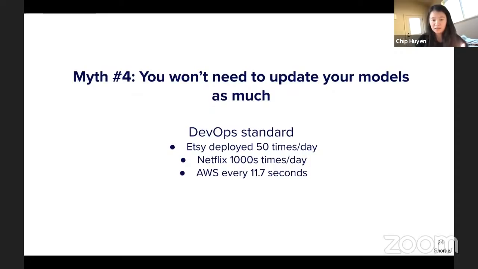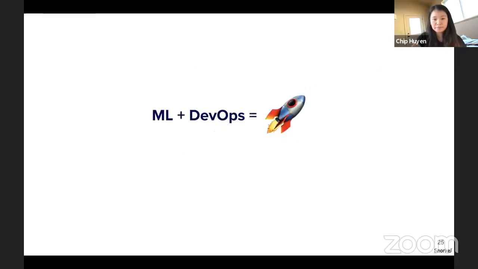And AWS does it every 11 seconds. I'm not saying that you have to retrain the model that often, but these are some gold standards that we should all aspire to, because every moment that a model is not being updated is some degradation in performance that will hurt the bottom line.